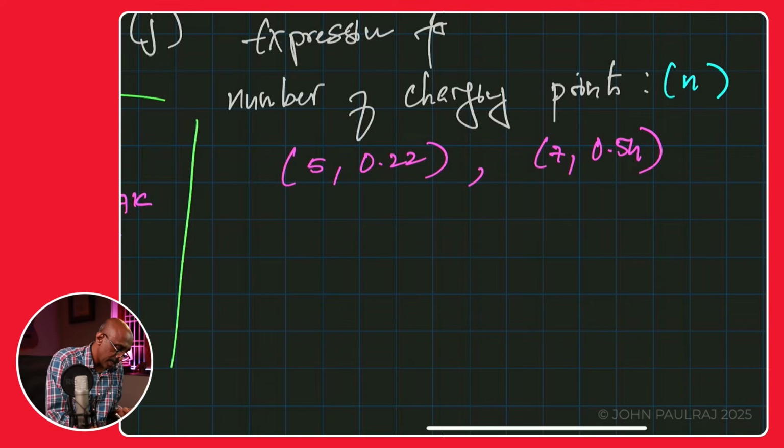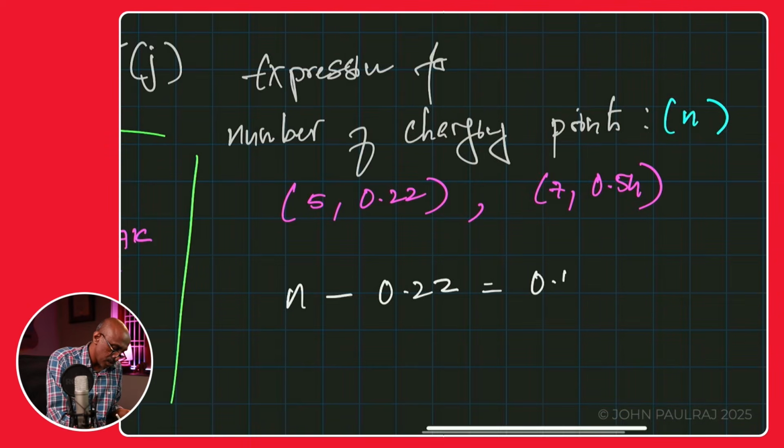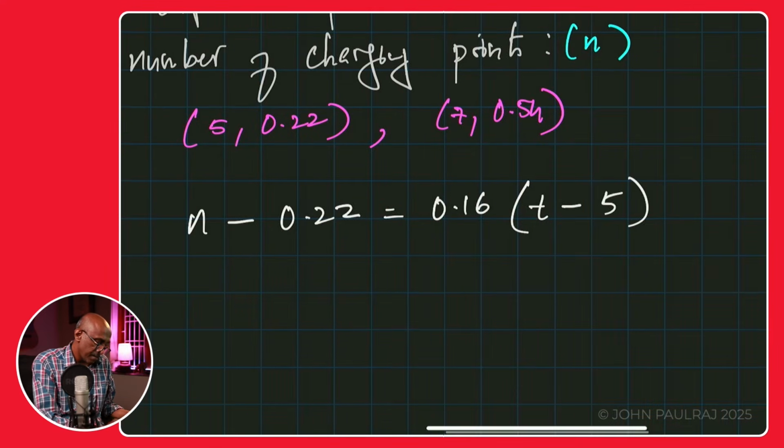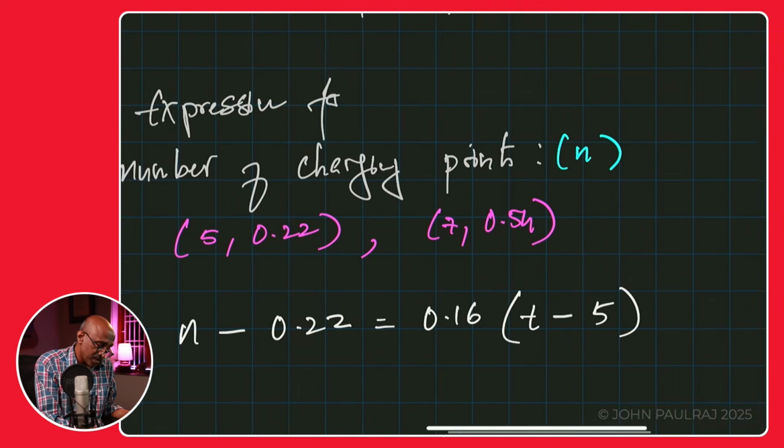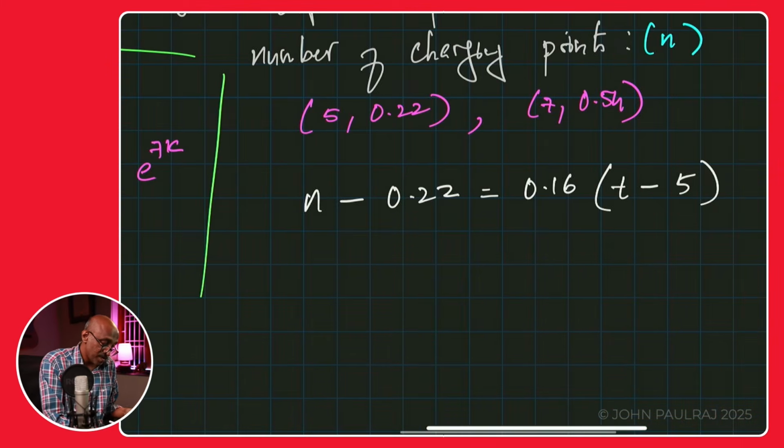Then n minus 0.22 is equal to that slope we found, 0.16, times t minus 5. This is the point slope form we're just using. You could use any point, I just use this point, and n we have already defined. Any new letter variable that you introduce, make sure that you specify what that is.